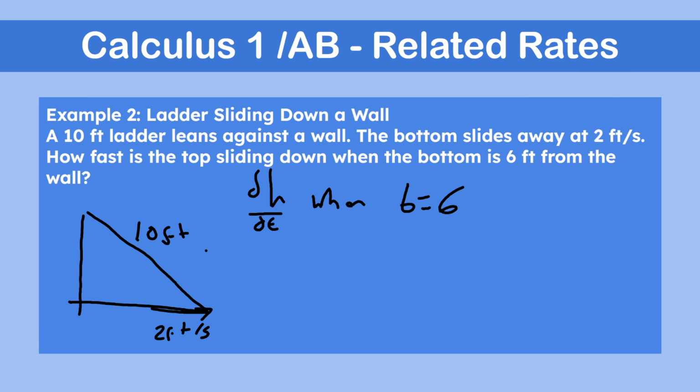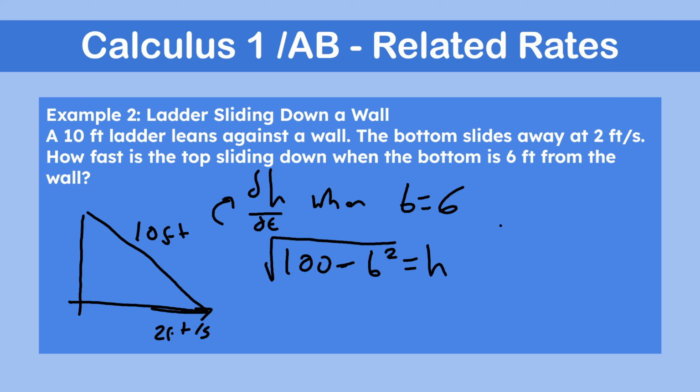So what we can do here is use the Pythagorean theorem. So we can say that 100, which is the hypotenuse squared, minus b squared is equal to height squared, but we can use the square root to just say that it's this. So we're trying to find dh/dt.